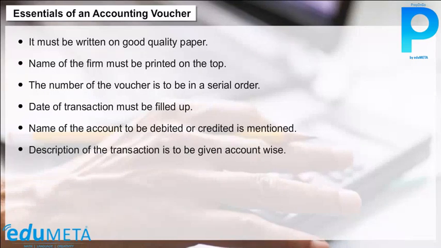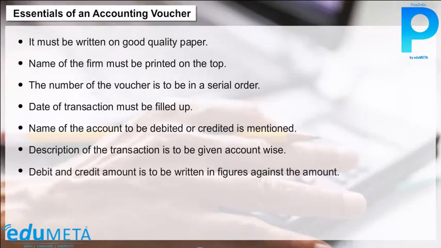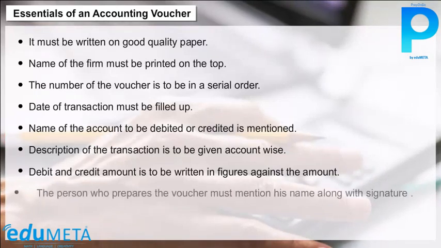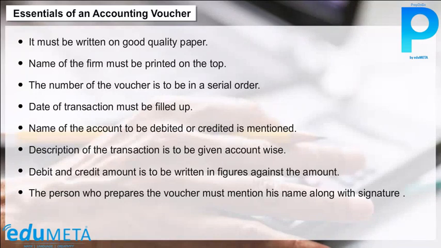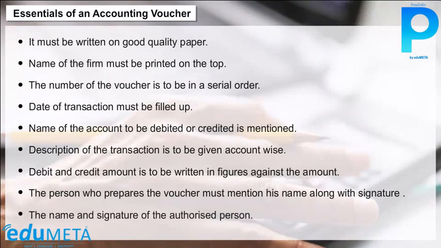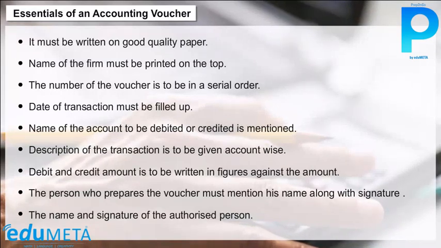The description of the transaction is to be given account-wise. Debit and credit amounts are to be written in figures against the amount. The person who prepares the voucher must mention his name along with signature. The name and signature of the authorized person are mentioned on the voucher.